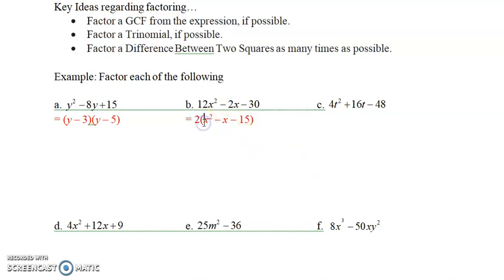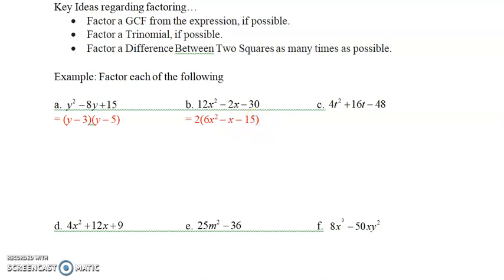Sorry, I forgot the 6, don't mind me. So now we need two numbers multiplied together to give me 6 times negative 15. Remember, the A value multiplied by the C value, which would be negative 90, and added together to give me negative 1. So it has to be two numbers that are consecutive, right? So 9 and 10 are the numbers.